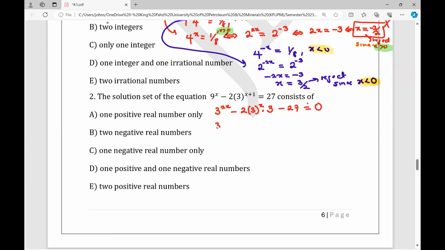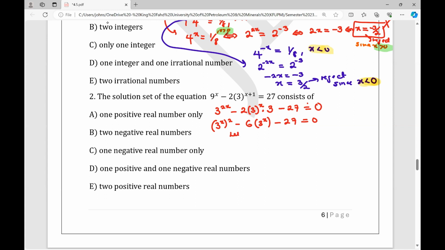Here we can rewrite this as 3 to the power x, all squared, minus 2 times 3, which is 6, multiplied by 3 to the power x, minus 27 equals 0.